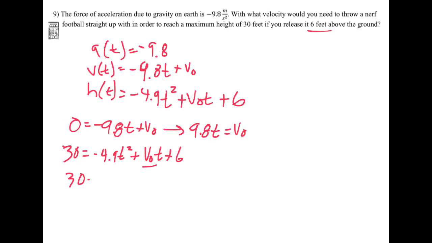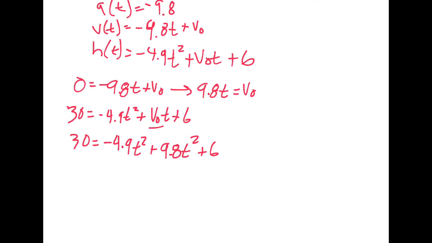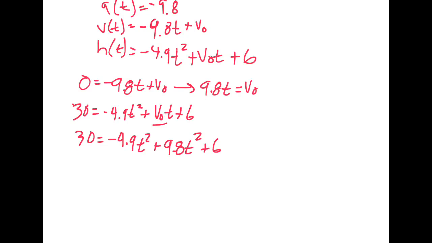So 30 equals negative 4.9 t squared plus v naught, which is 9.8 t. I'm multiplying that by t, so I get t squared, then plus 6. So negative 4.9 t squared plus 9.8 t squared gives me 30.